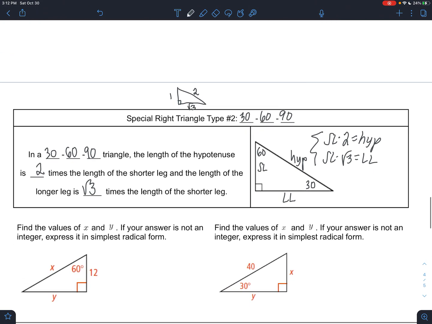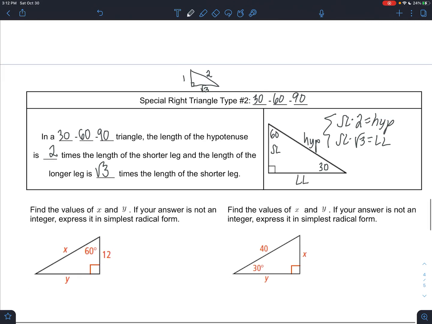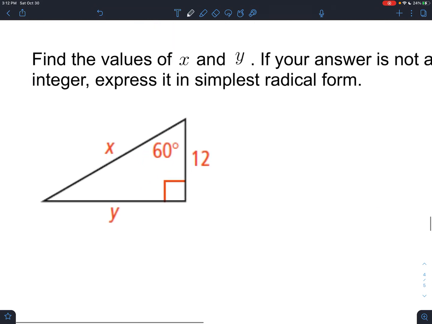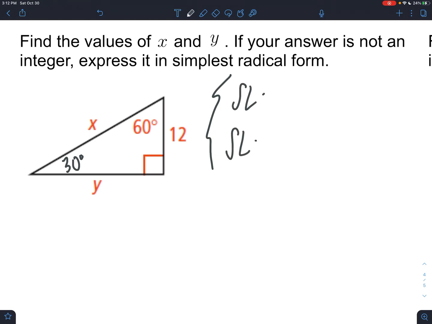Sometimes I visualize the 30, 60, 90 as that particular one, the simplified one. That's enough talking about that. Let's solve for x and y here. So when you see it's 30, 60, 90, write down the equations. We have the short leg times something, short leg times something.